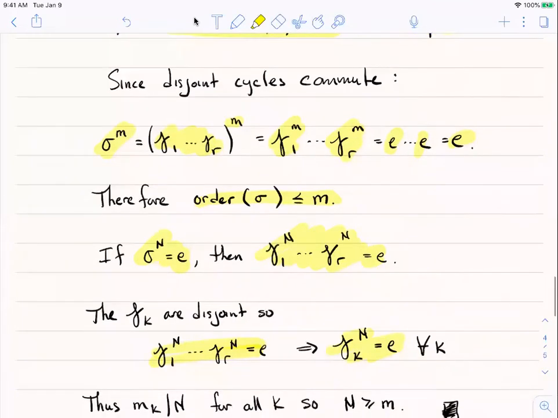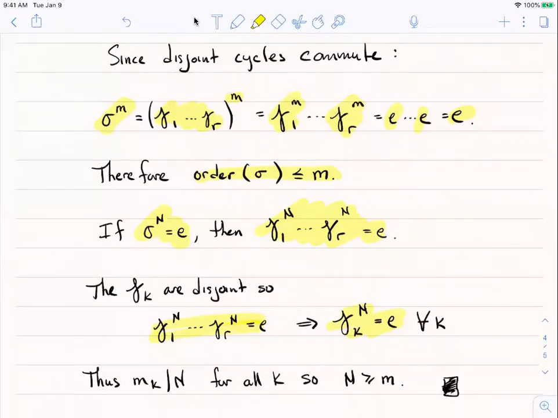That's something I want to leave as an exercise for you, but it comes from the fact that if this weren't the identity, then there would be some index that it sent to something besides itself, and that index would not be touched by any of the other gammas. So if gamma sub k of n moved something, so would sigma. Sigma would move the same thing. We should talk about that detail, but I'll just leave it at that here in this video.